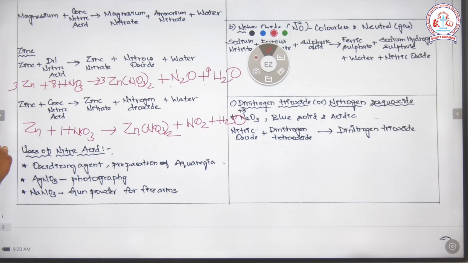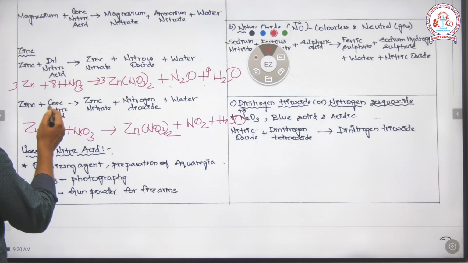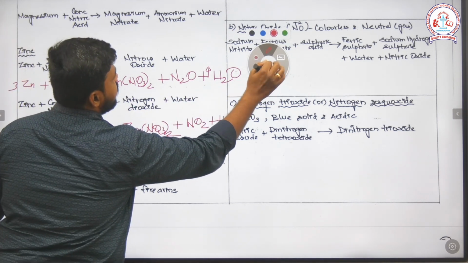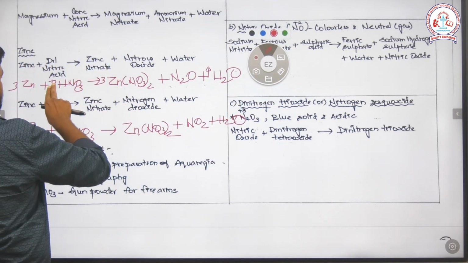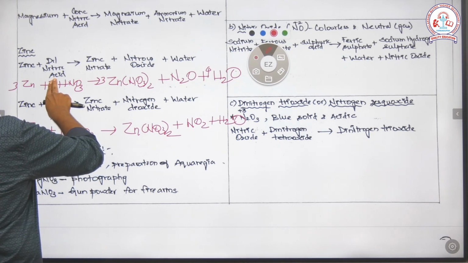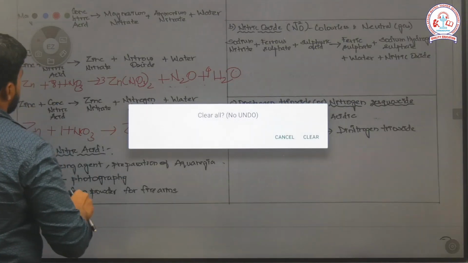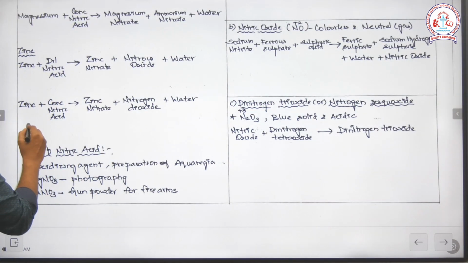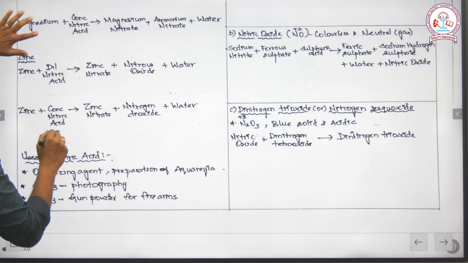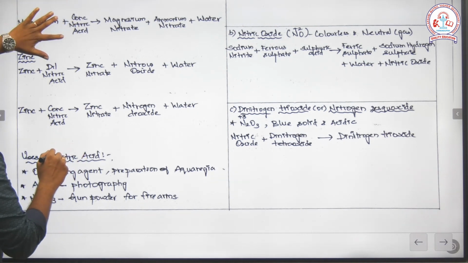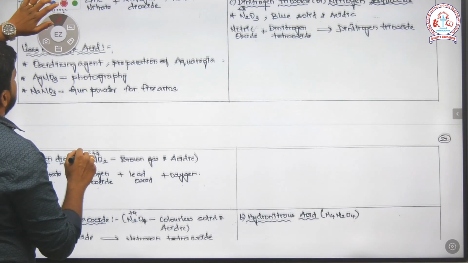So here the reaction takes place like, suppose, let me just check. If the reaction takes place in the ratio of 4:10 as we have seen in magnesium, let us check.